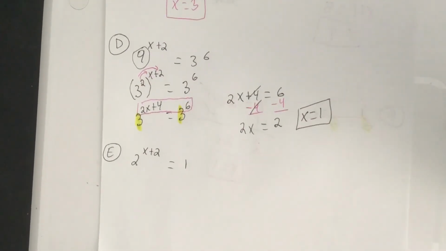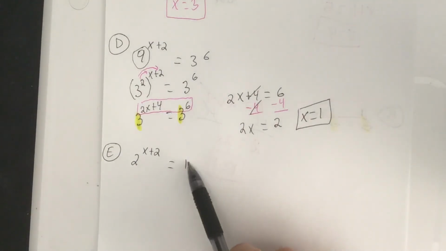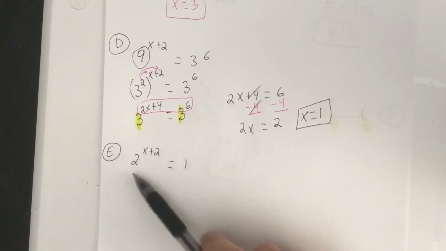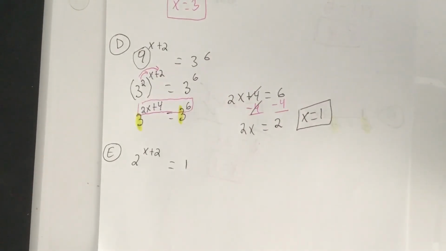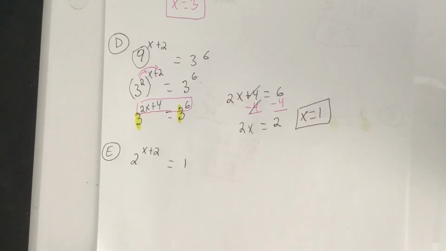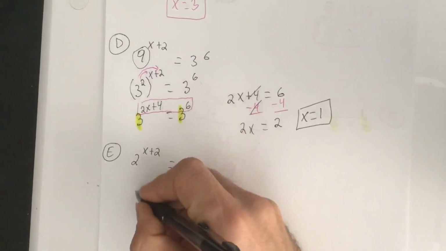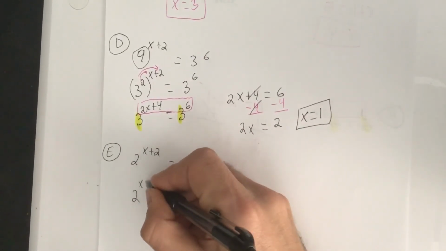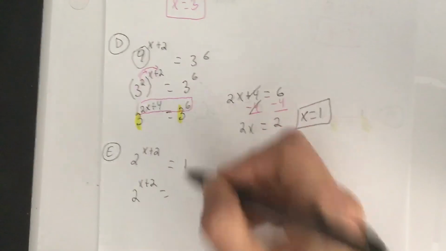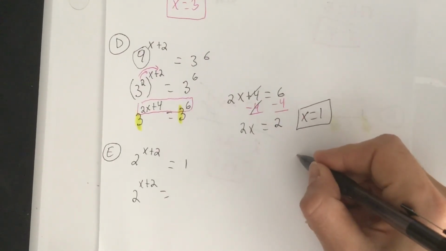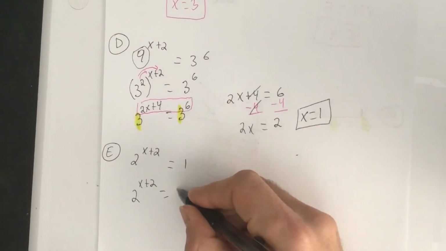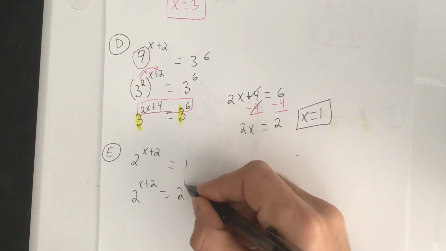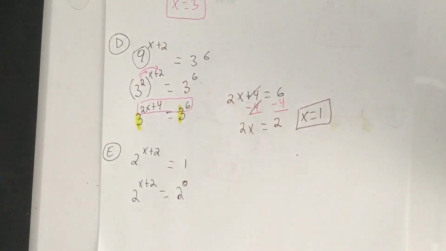Now let's try this one over here. It's a little tricky. Again, if you feel brave, you can pause the video and try to do it yourself. But this one over here, many of you say, Mr. Velosa, it's impossible to have the same base. This is 1. Well, you gotta remember the rules of exponents, okay? I can rewrite this as 2 to the x plus 2, and 1, if you guys remember, every number raised to the 0 power is equal to 1. That was one of the rules that we learned, right?